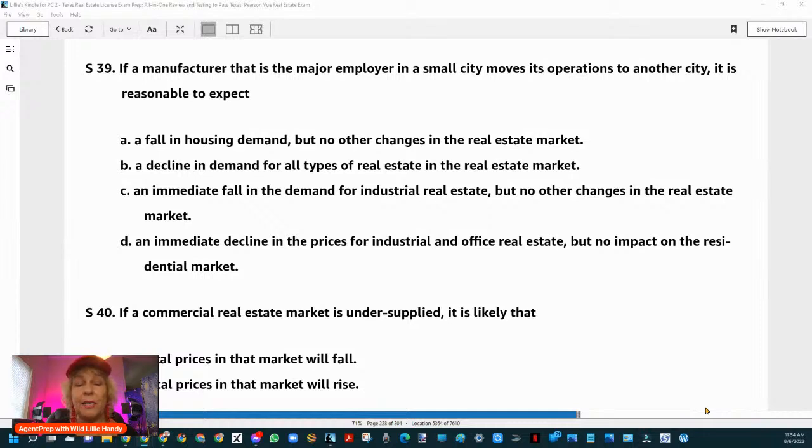Or D, an immediate decline in the prices for industrial and office real estate, but no impact on the residential market. So if a manufacturer that is a major employer in a small city moves, will that have a major impact or not at all?